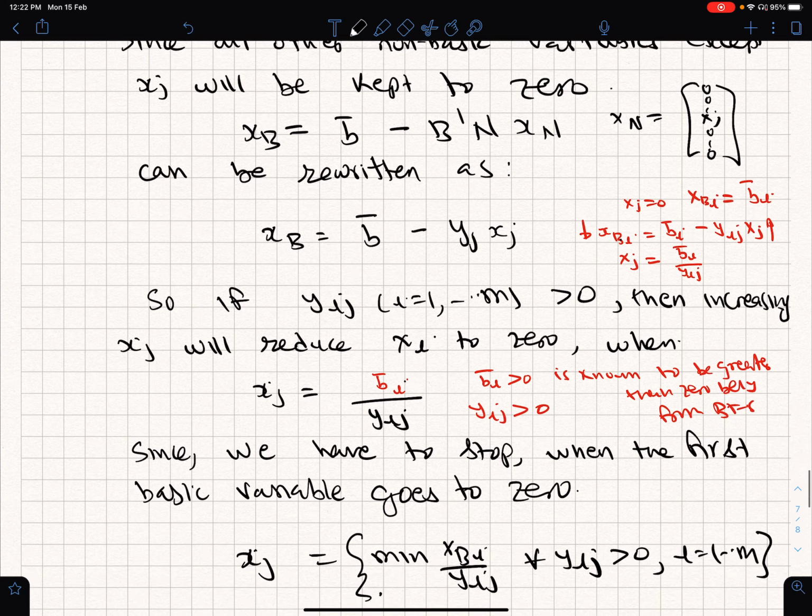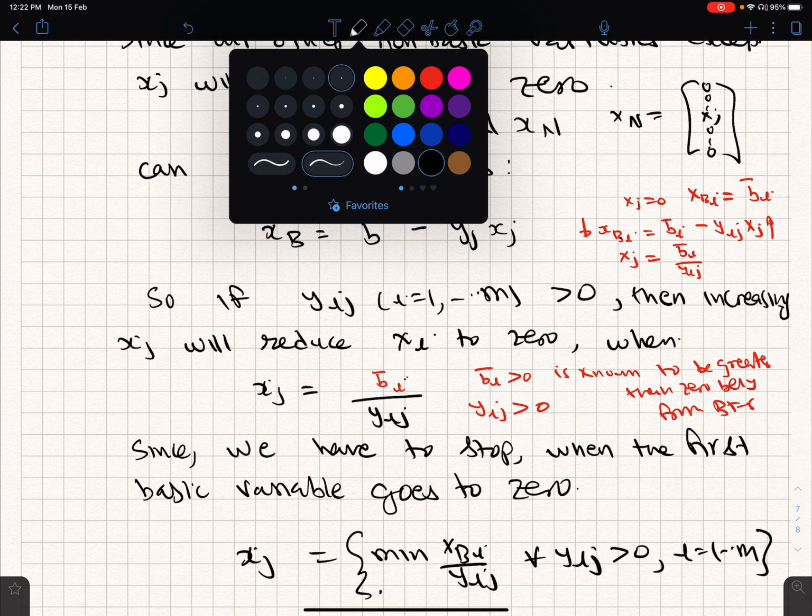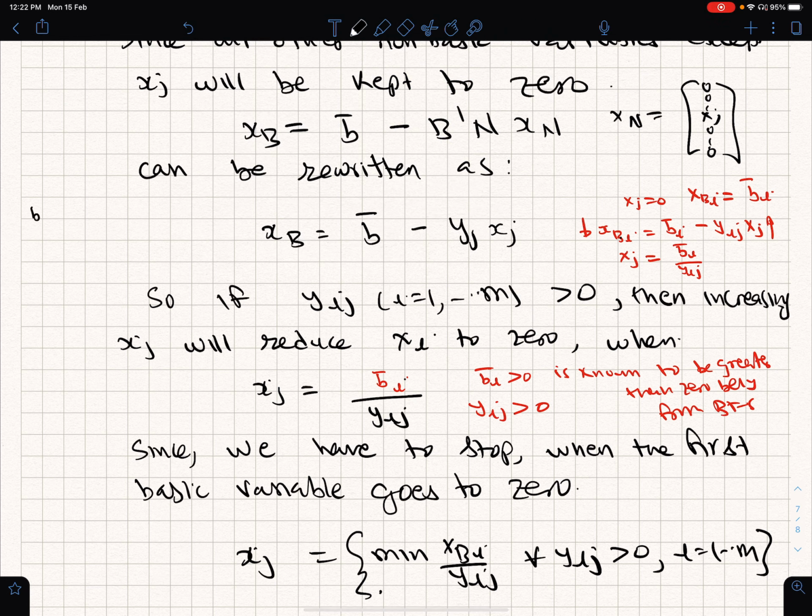If you expand this further, this is going to be b bar 1, b bar 2, b bar m, minus y1j xj, minus y2j xj, minus ymj xj.